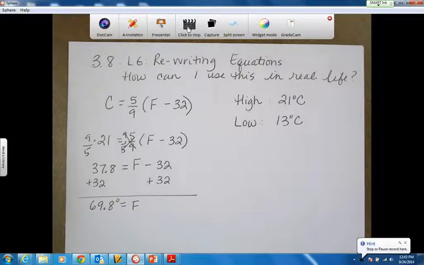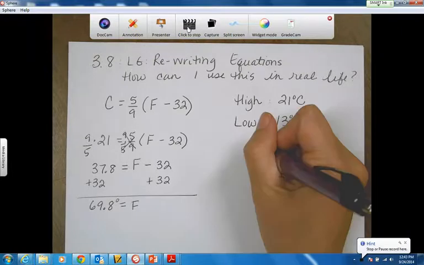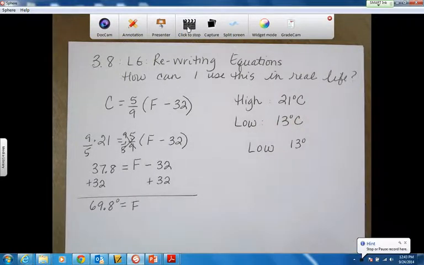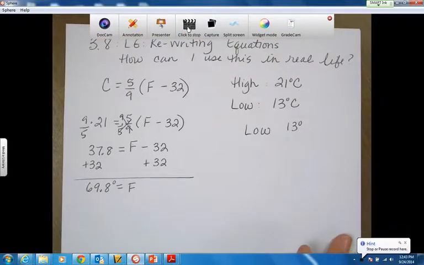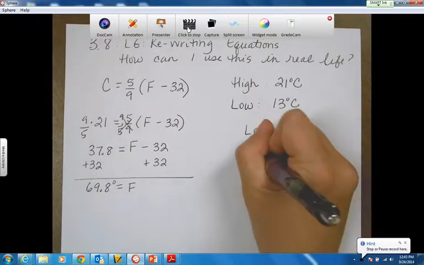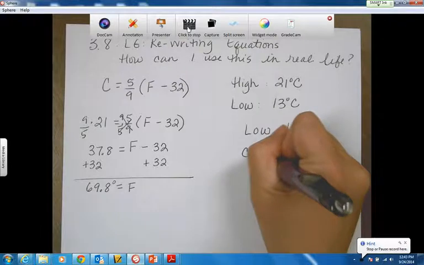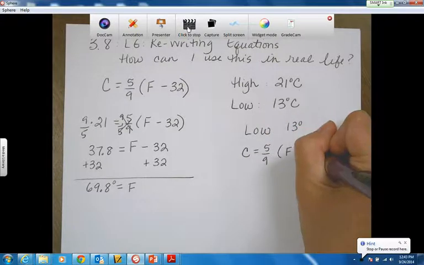Okay? So I'm going to start with my 5/9 times F minus 32. So my first step would be to multiply by the reciprocal to bring it over here, which is what I did over there too. All right.